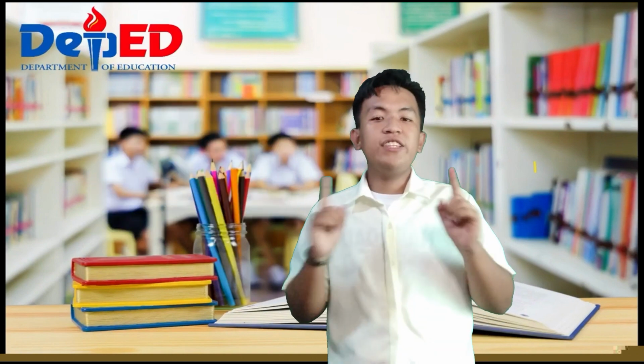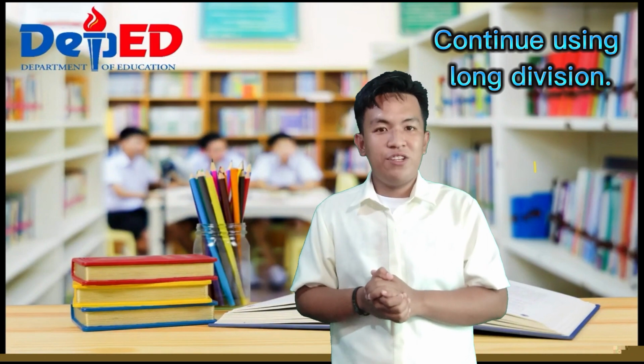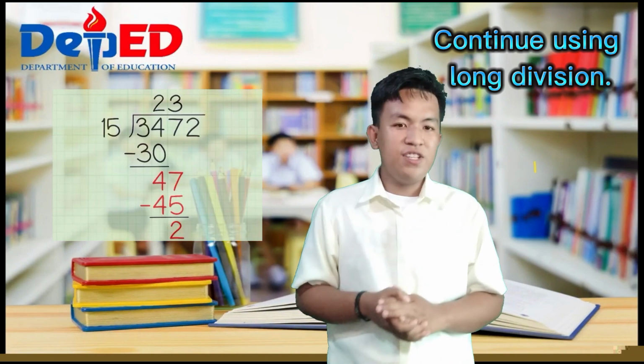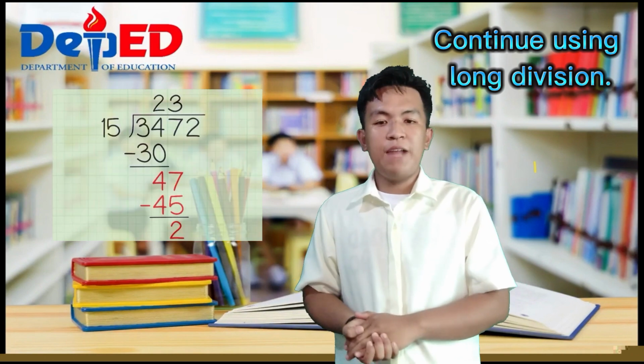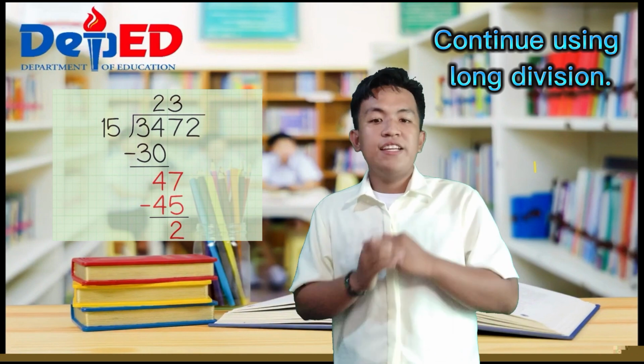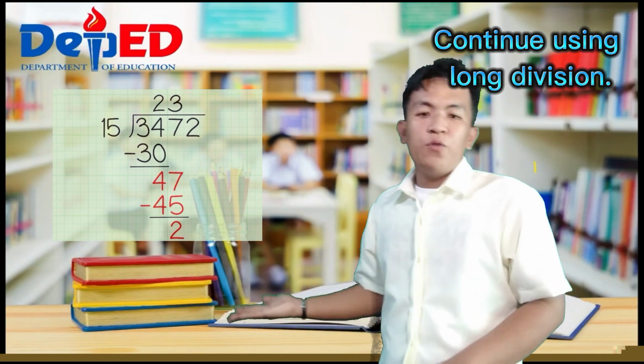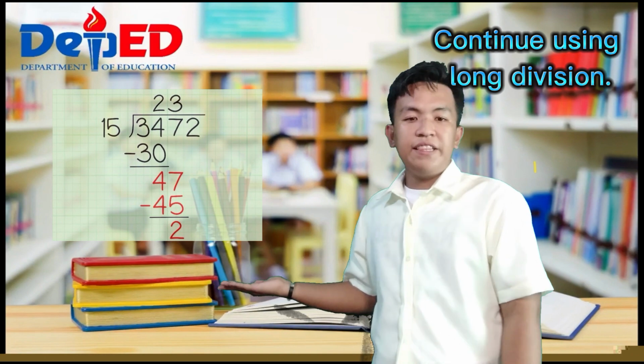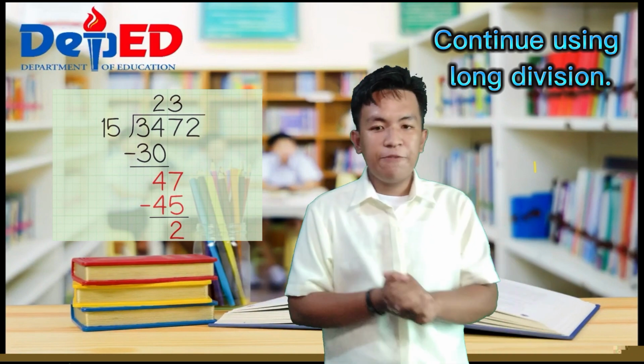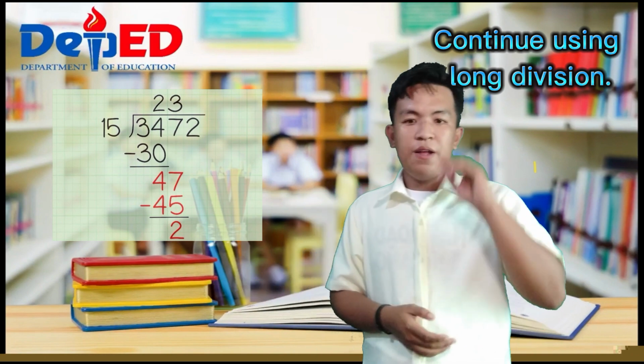The next step, continue using long division. Repeat the long division steps we used before to multiply our answer by the smaller number. Write the result underneath the larger number and subtract to find the next remainder.